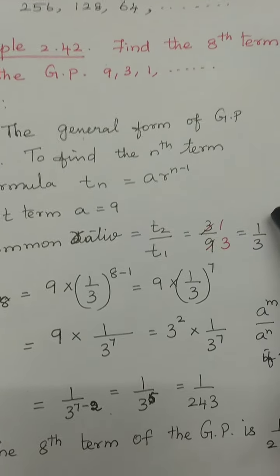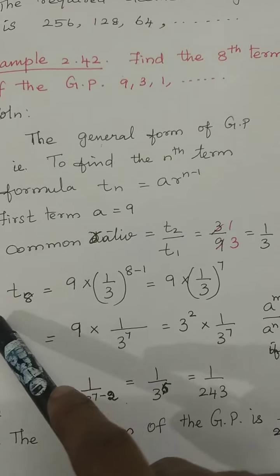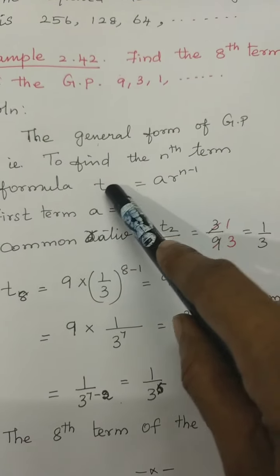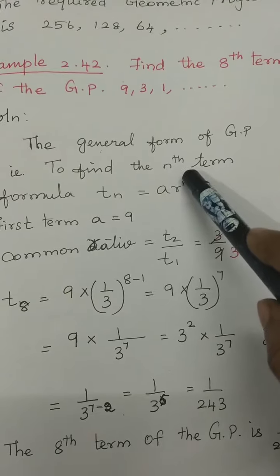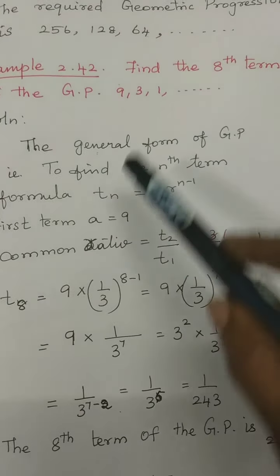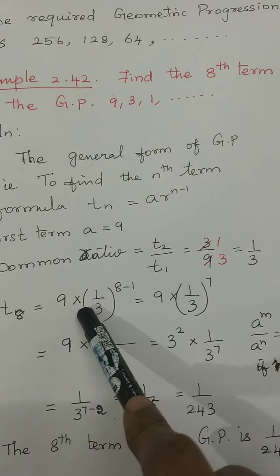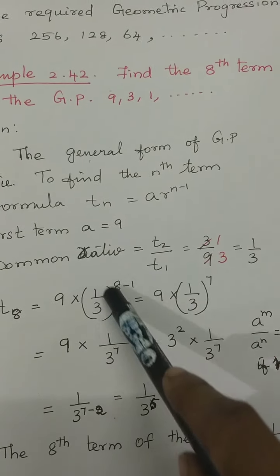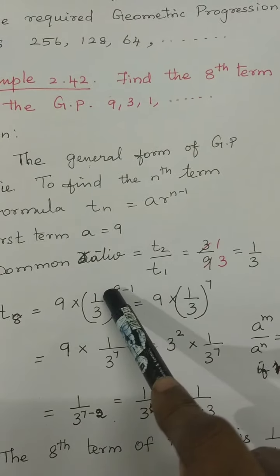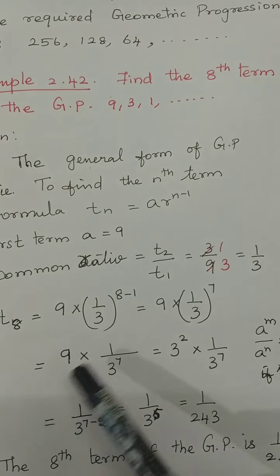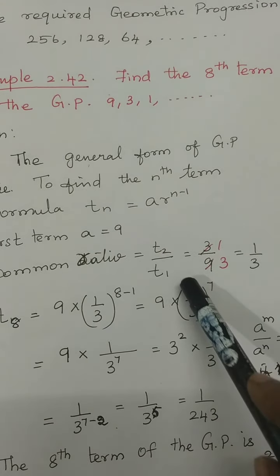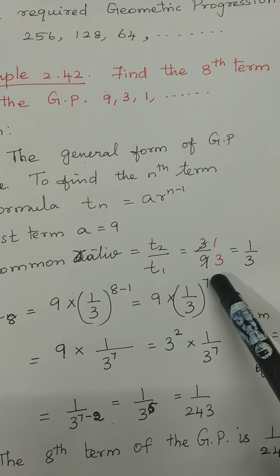So after cancelling it will come as 1 by 3. So we shall substitute 8 in the place of n because we need the 8th term. So T8 is equal to 9 into 1 by 3 the whole power 8 minus 1. Yes. Then 9 into 1 by 3 the whole power 7.